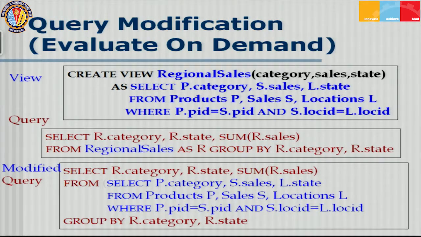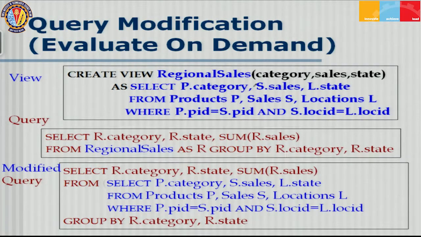Suppose I have created a view called regional sales. No, sorry, it's not an aggregation. It's a category-wise sales of state. So we write this query, we define this view.